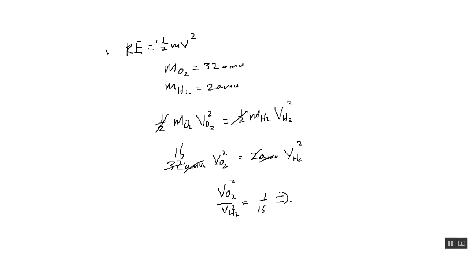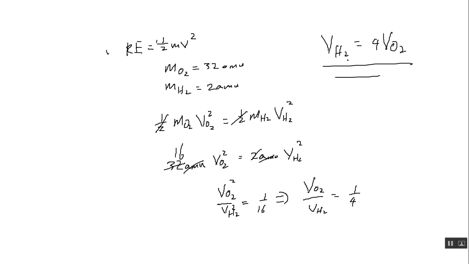So this implies, if you find the square root of both sides, that V_O2 divided by V_H2 will be equal to 1 over 4. Another way of stating it is that V_H2 will be equal to 4 times V_O2. So what this tells us is that the velocity of hydrogen is 4 times faster than the velocity of oxygen at the same temperature.